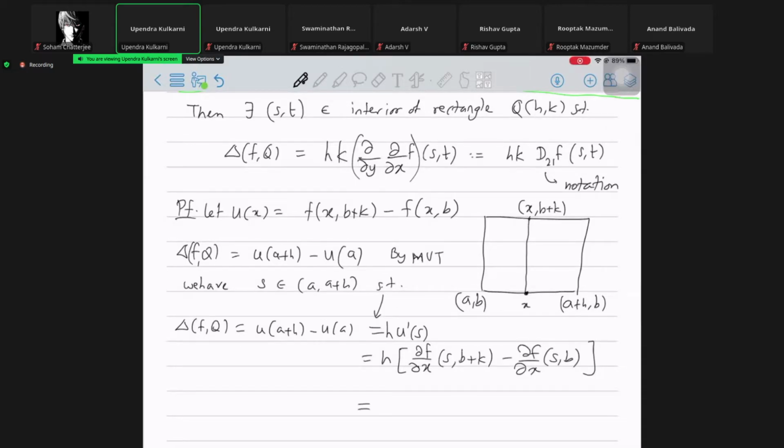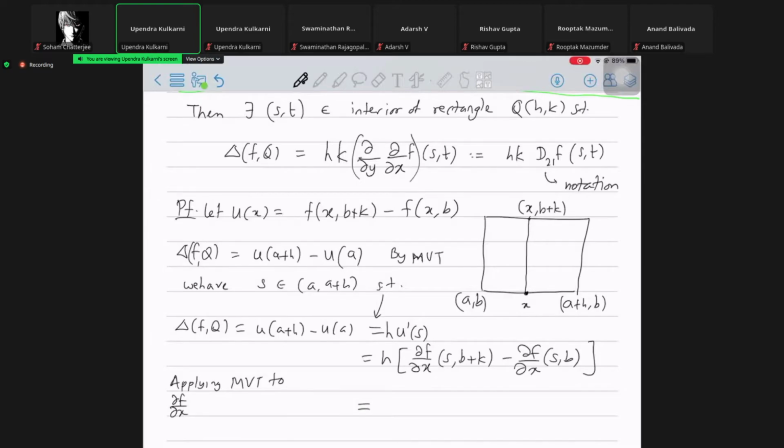You see, now if you look at this difference in the parentheses, it is again the value of a certain function at two points, subtracted. So I can apply the mean value theorem to this. Applying MVT to the function del f by del x.